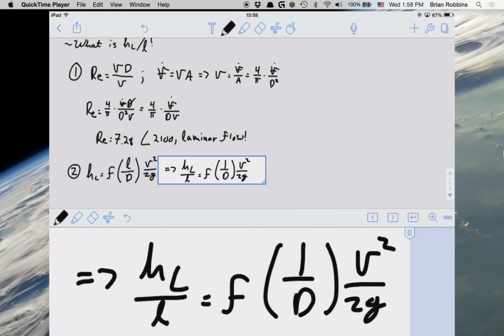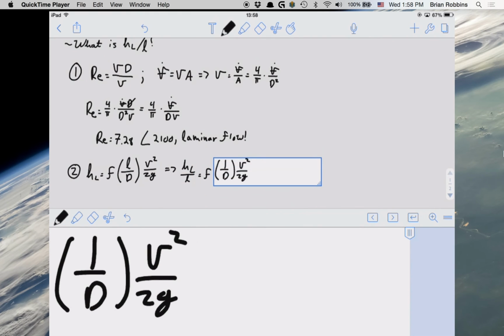Okay, so just as we did before for the Reynolds number, we have our expression for velocity in terms of its volumetric flow rate divided by area. And now we can take that expression and plug it into our expression for head loss per unit length of pipe.